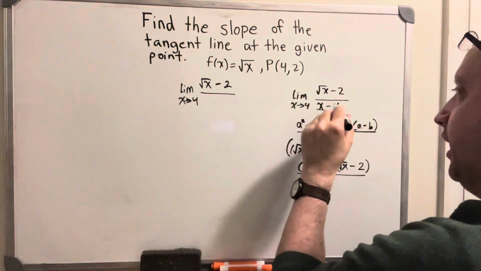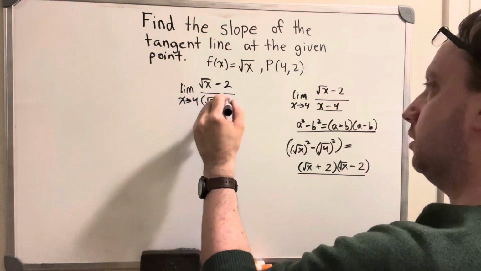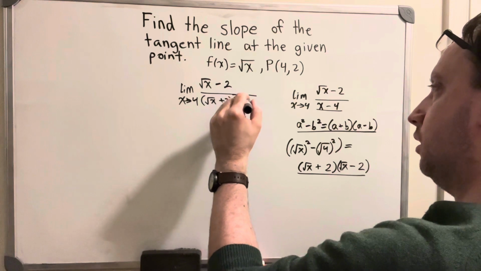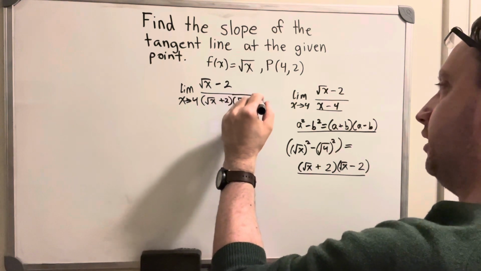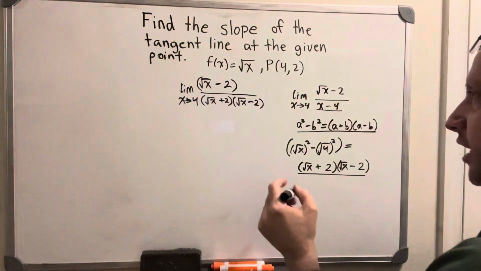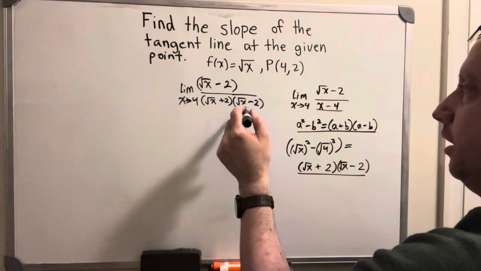And instead of x minus 4, I'm going to write the square root of x plus 2 times the square root of x minus 2. And look at that. Now we have the same thing in the numerator and the denominator that we can cancel out.